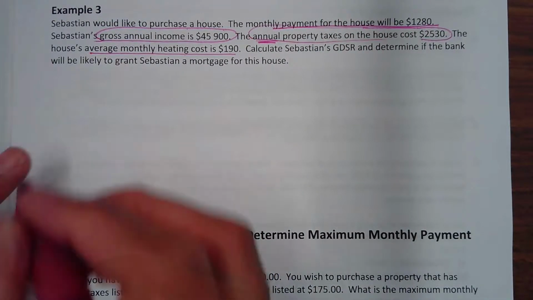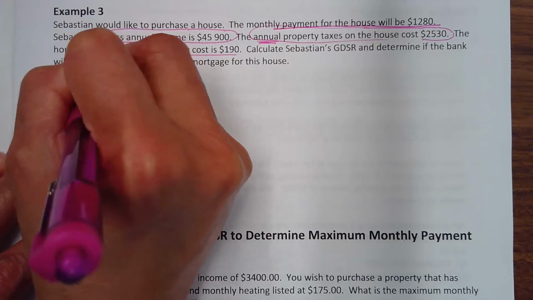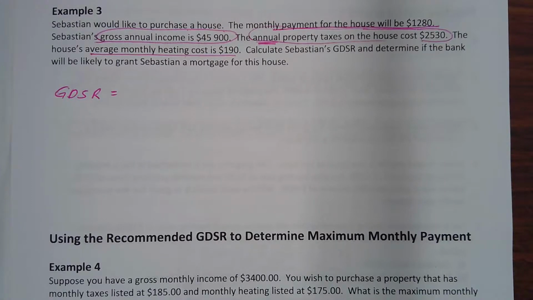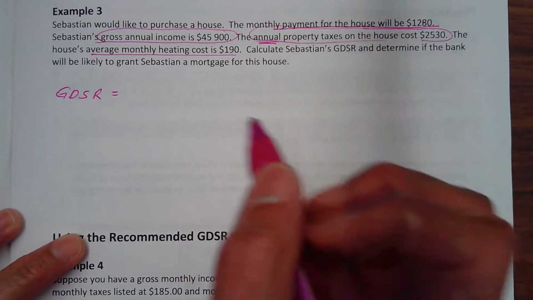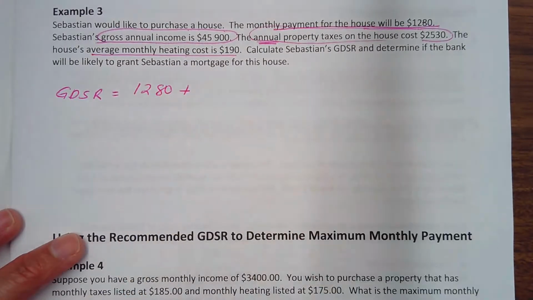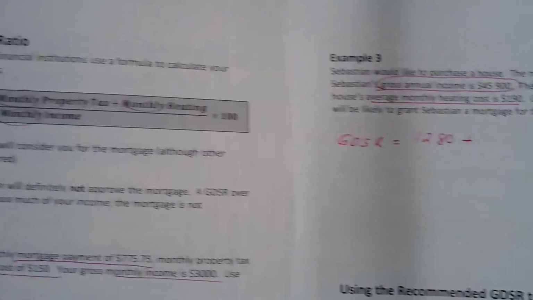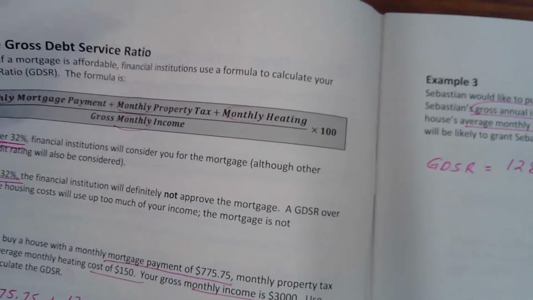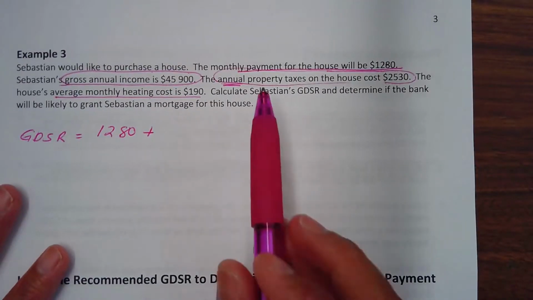Okay, so GDSR. What's the formula again? Monthly payment for the mortgage is 1,280, plus monthly property tax.